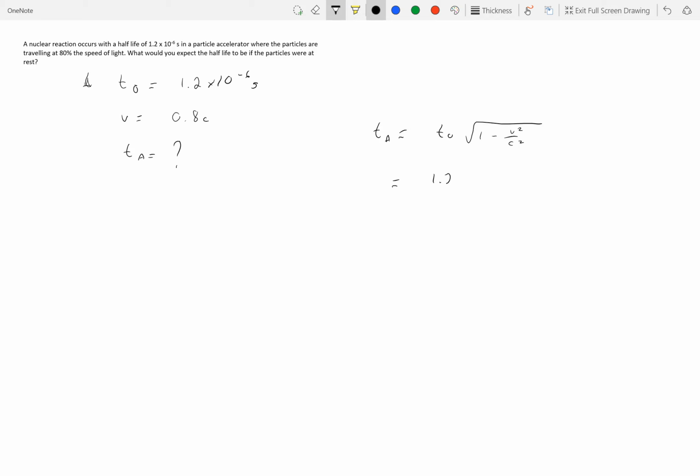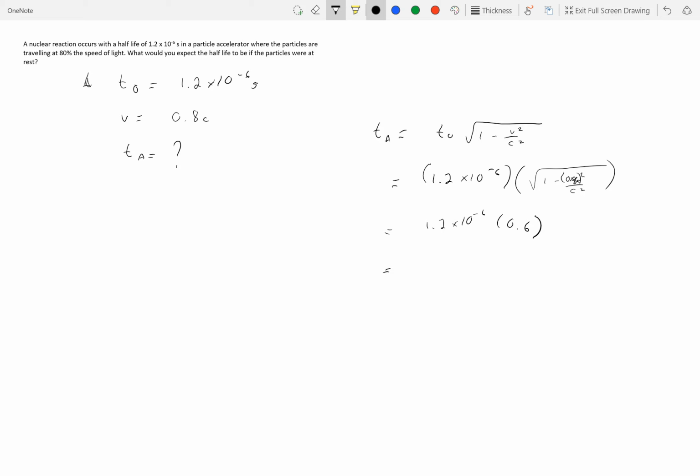So if I observed it to take 1.2 times 10 to the negative 6 seconds for a half-life, then if I put in 0.8 for my factor there, I should have put in 0.8 c squared here. 0.8 squared, 1 minus that, and then square root that answer. So I got 0.6.